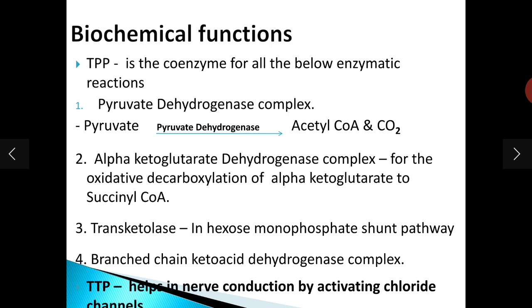It's TPP, not TTP, sorry. TPP also helps in nerve conduction by acting on chloride channels. So this is how thiamine helps in nerve conduction. These are the biochemical functions. It is mainly required in carbohydrate metabolism.